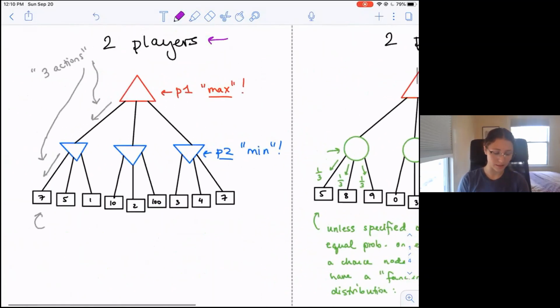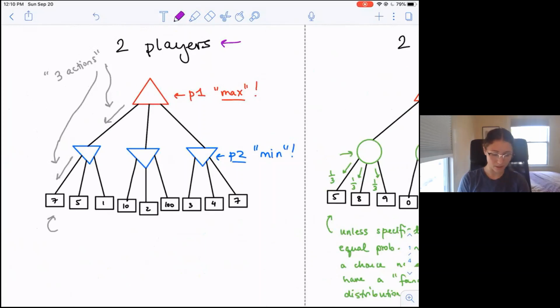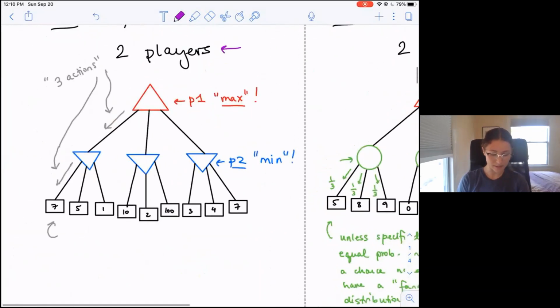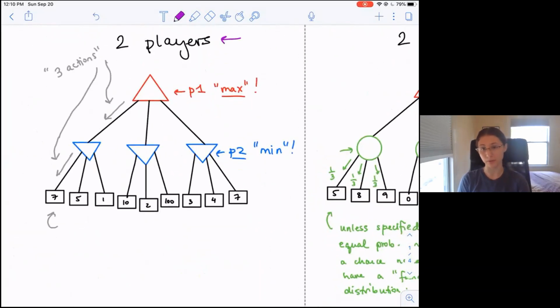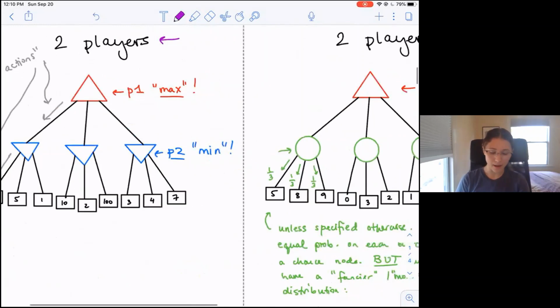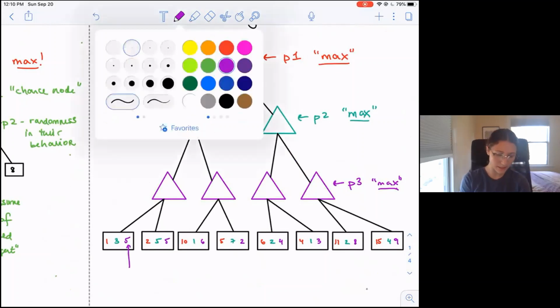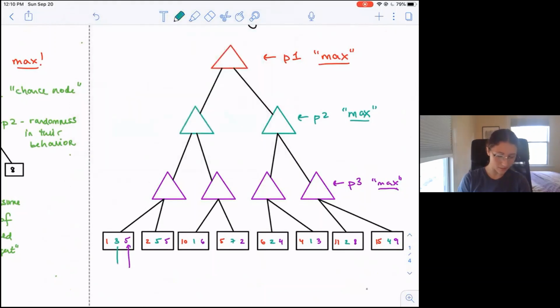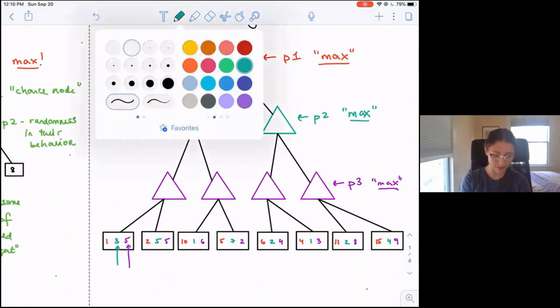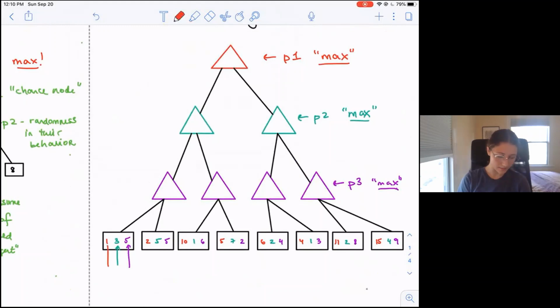So here, in the deterministic zero-sum game, one player was trying to maximize the same numbers that the other player was trying to minimize. But now, here, each player has their own numbers that they're just trying to maximize. So here, the purple number denotes P3's numbers that they're trying to maximize. The teal colors represent player 2's numbers that they're trying to maximize. And the red numbers represent player 1's numbers that they're trying to maximize.